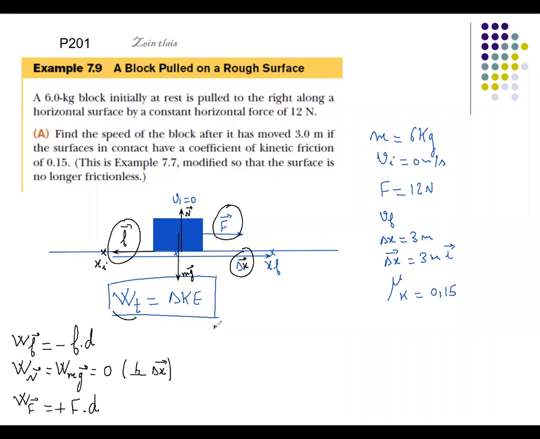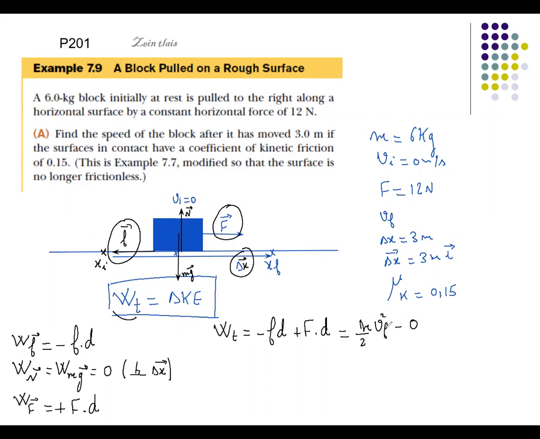Finally, we get work total equals minus fd plus capital F times d, equals delta kinetic energy, equals half m v final squared minus initial kinetic energy, which equals 0 because the object was at rest.